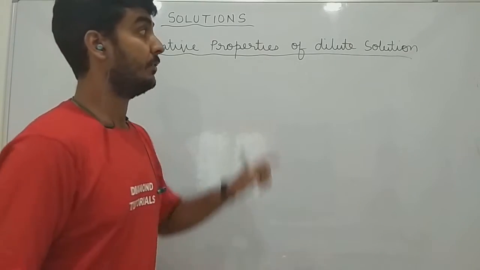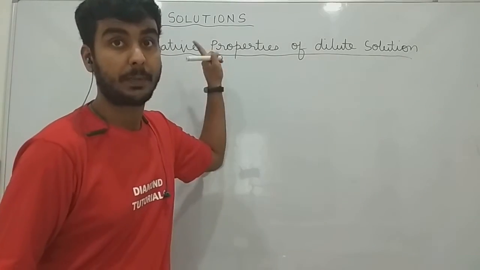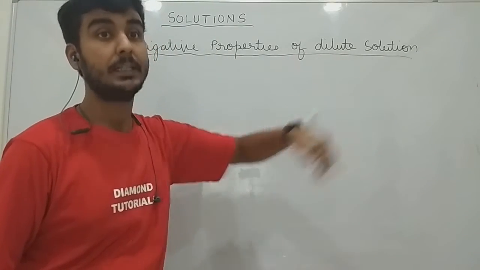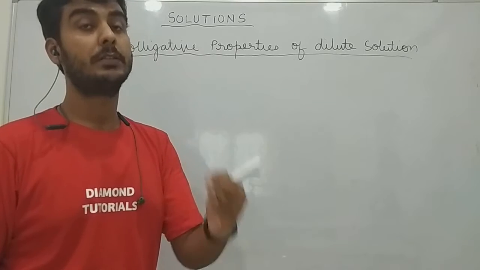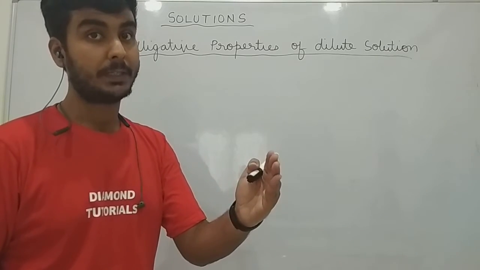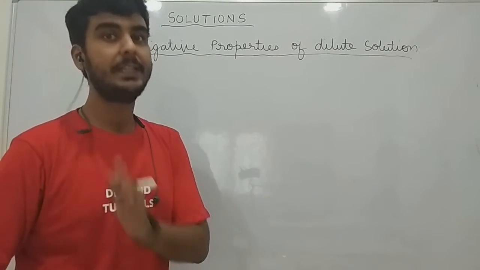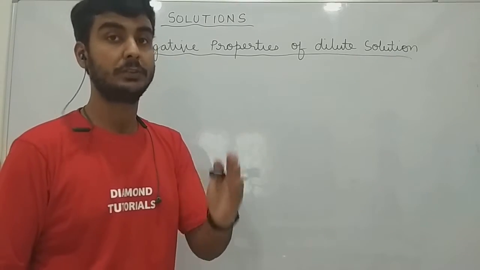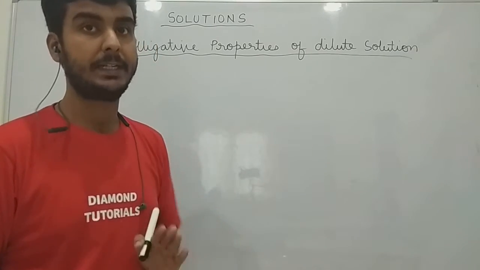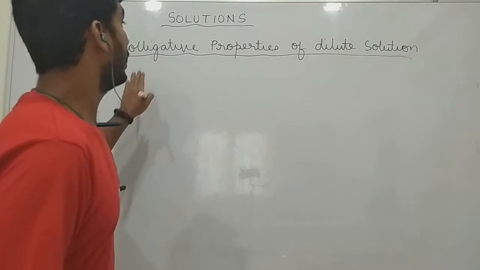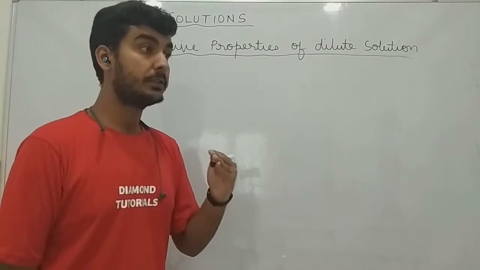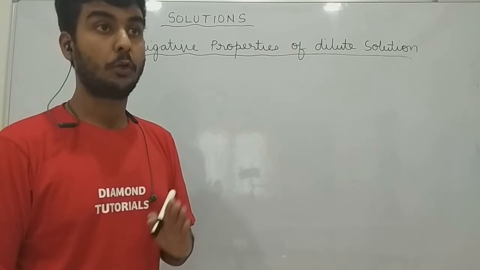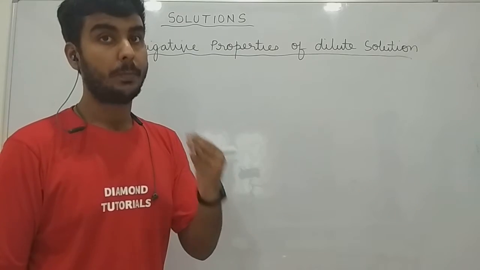That is why we study these properties for dilute solutions, as their properties closely resemble properties of ideal solutions. Now, dilute solutions obey Raoult's law because ideal solutions obey Raoult's law.